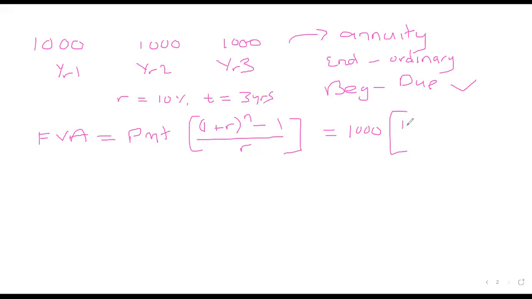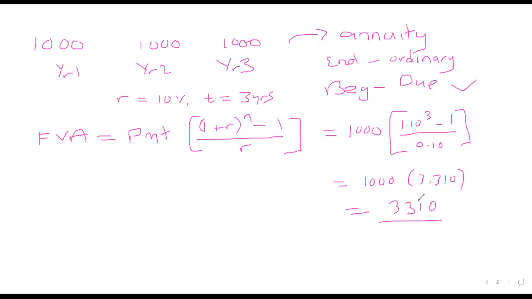So here we're going to have 1.10 to the power 3 minus 1 over 10%. So when you compute this, we're going to have 1,000 times 3.310. So meaning, instead of having 3,000 after 3 years, we're going to have 3,310.